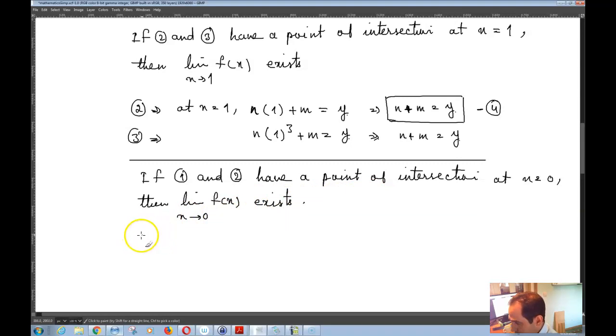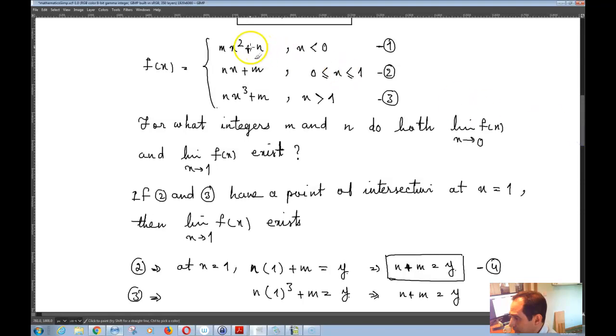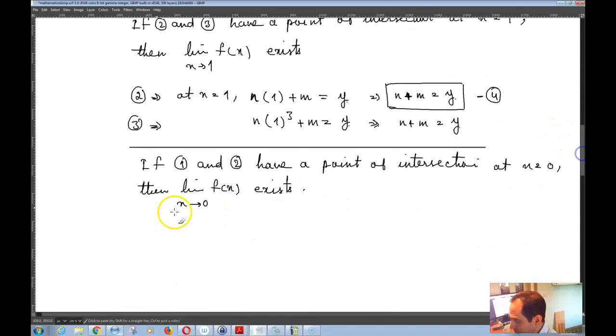So this is mx squared plus n, which at x is equal to 0 is supposed to be equal to some y.